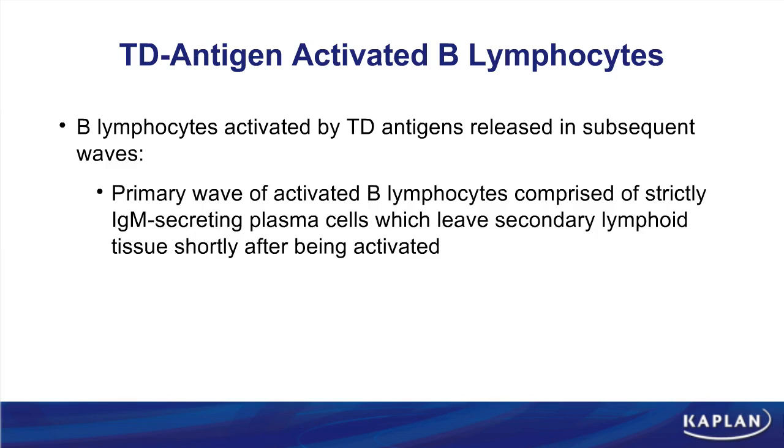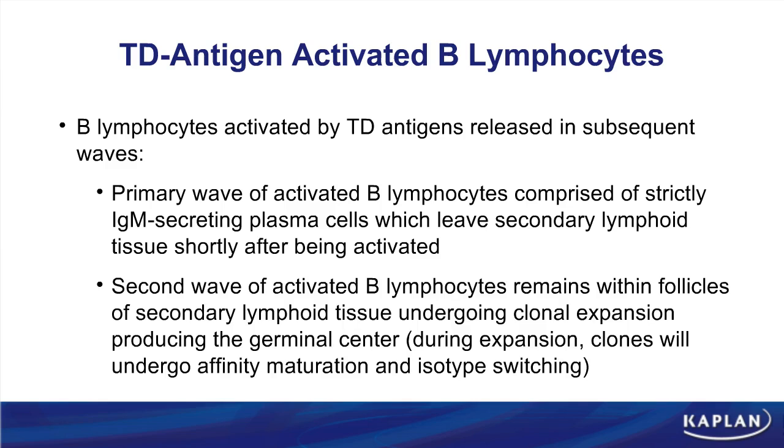Those plasma cells are going to leave the secondary lymphoid tissue shortly after they are developed and activated. The second wave of activated B cells, though, is going to stay within the secondary lymphoid tissue and get tweaked a little bit. They are going to develop higher affinity antibodies that are going to go into creating those memory cells.